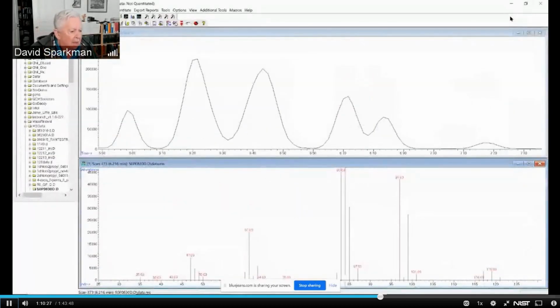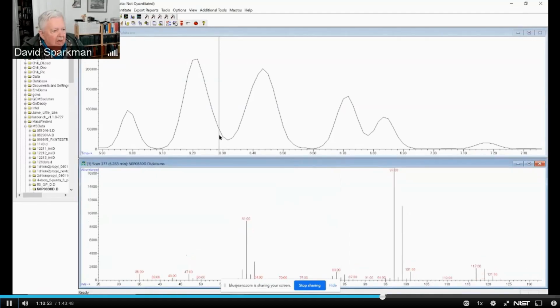Okay, I'm able to bring back up the original data file. Okay, now remember, this is what we're looking at. Now, let's look at this mass spectrum. Let's look at this chromatographic peak. Let's look at a spectrum on the back side of the peak. All right.